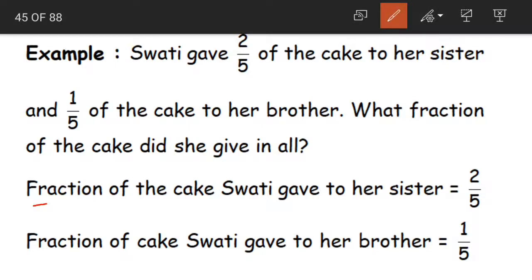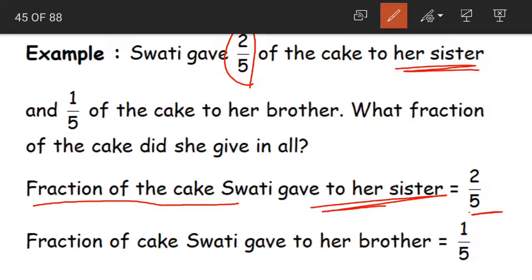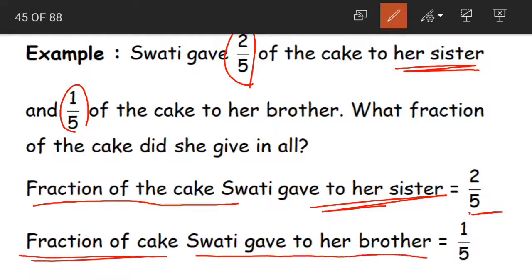The first step would be: fraction of the cake Swati gave to her sister is equal to 2 by 5, and then fraction of the cake Swati gave to her brother is equal to 1 by 5.